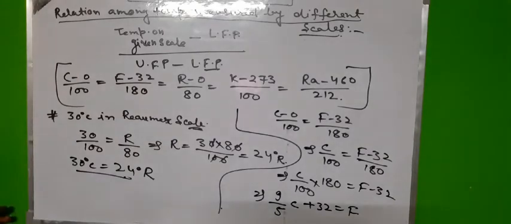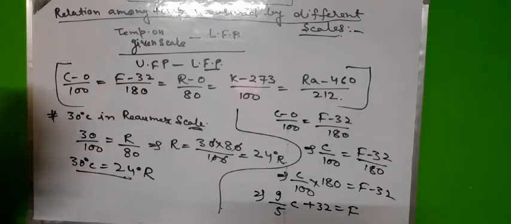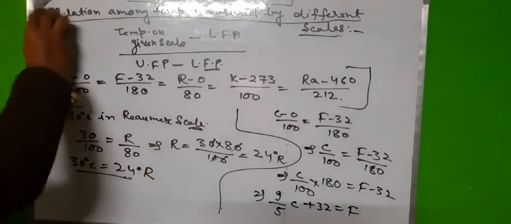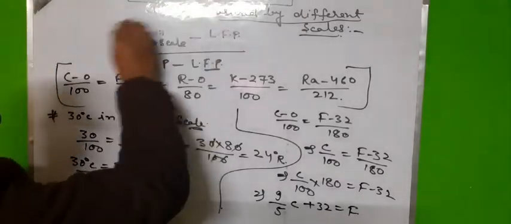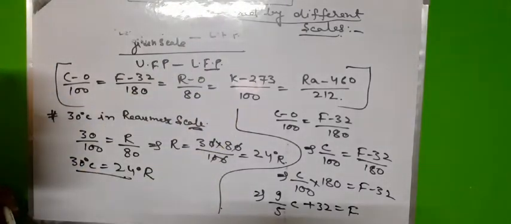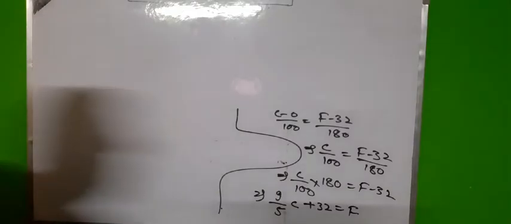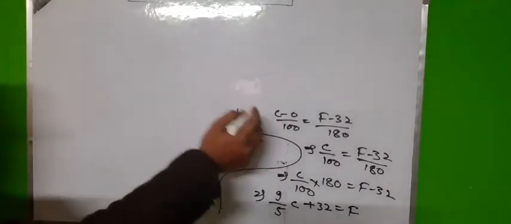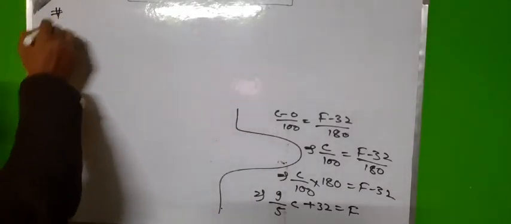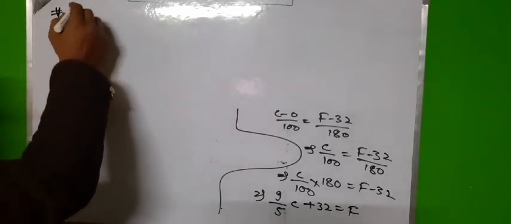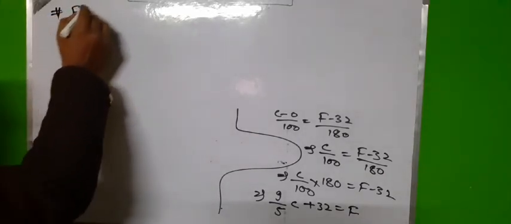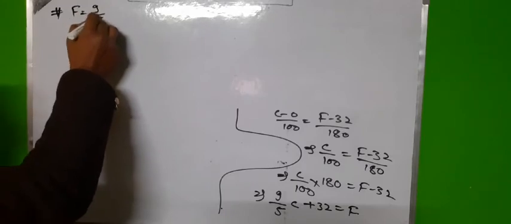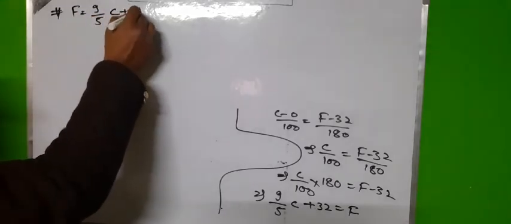Now look at here, students. We have got this equation from this relation, that is F is equal to 9 upon 5 C plus 32.